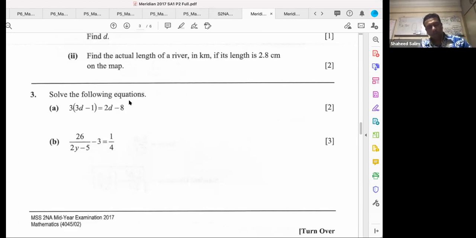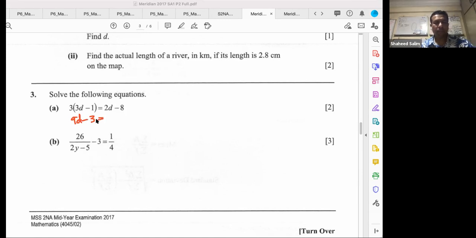Okay. So the first thing you must do is you must expand this first. You cannot bring over from the right to the left first. You got to expand. So 3 times 3 get 9D. And 3 times minus 1, you get minus 3.